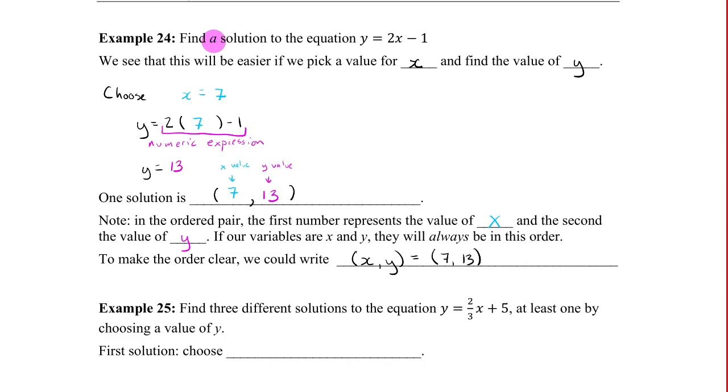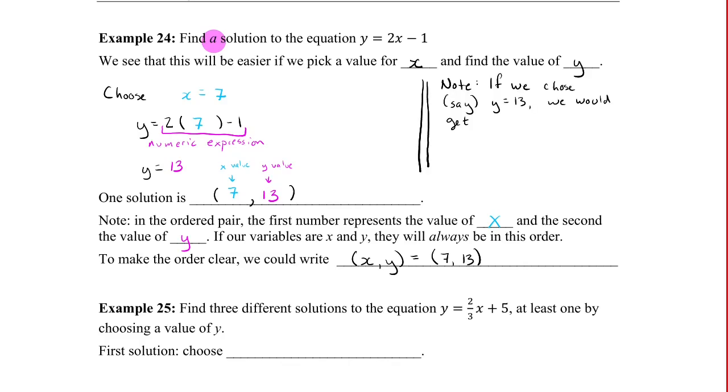Okay, so I said that this is easier if we start by choosing the value of x and then finding the value of y. Why is that? Well, if we started out choosing the value of y, we would get a two-step equation.